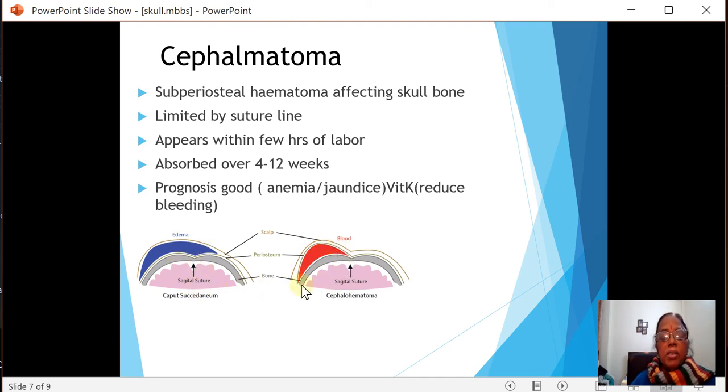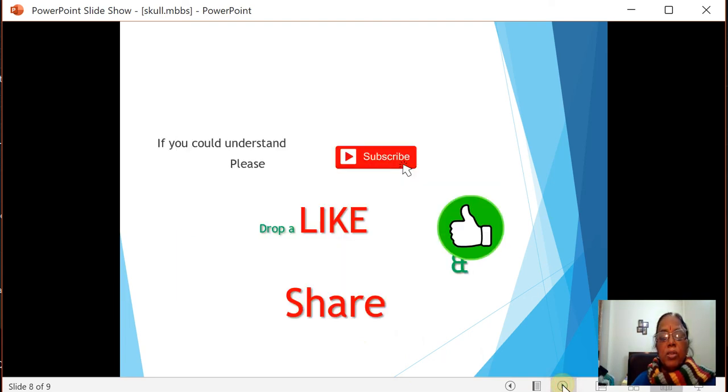The blood is absorbed by 4 to 12 weeks and caput succedaneum dissolves in 24 to 36 hours. The prognosis is good, but still the fetus may have anemia and jaundice, and these features are reduced by giving vitamin K to prevent bleeding in the newborn.